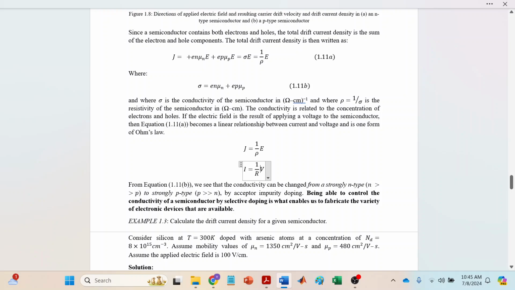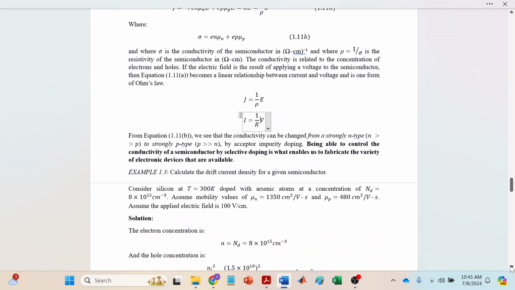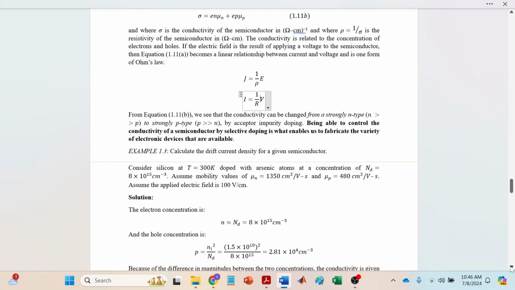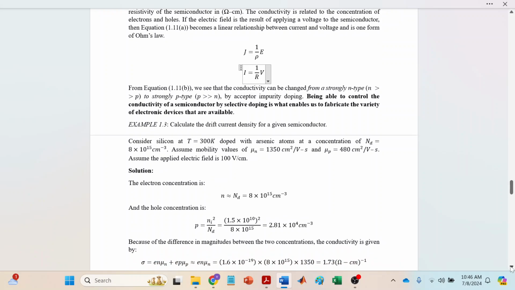Being able to control the conductivity of a semiconductor by doping enables us to fabricate a variety of electronic devices. In the next section, we'll be talking about the p-n diode.